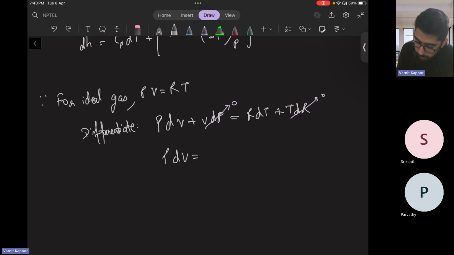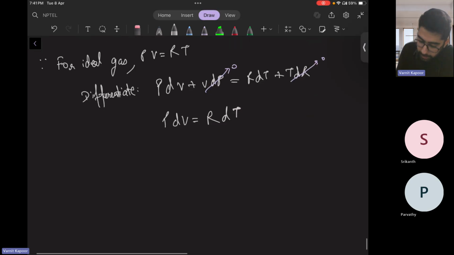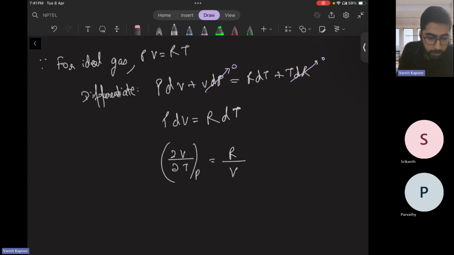So from here, dV by dT, or you can say dou V by dou T at constant pressure, can be written as R by P. Multiply with T on both sides.